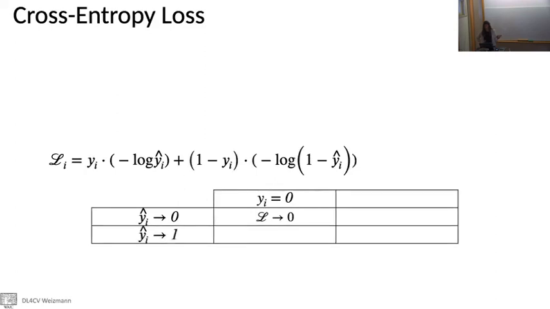If our classifier predicts something that is approaching 1, we have something approaching minus log of 0, which is approaching infinity. So you see that if we have a good prediction, we're approaching 0. If we have a bad prediction, we're approaching a very high cost. And this is, again, true if we are classifying as 1.